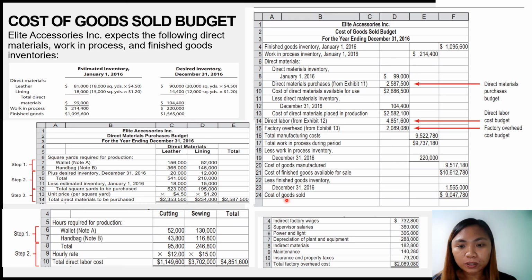So that is the cost of goods sold of 9,047,780. So the computation for the cost of goods sold is just like in a normal cost of goods sold statement. It is just that the amounts are actually budgeted instead of the actual costs. So for the year ending December 31, 2016, Elite Accessories estimates or expects a cost of goods sold of 9,447,780. So that is the computation of the cost of goods sold.